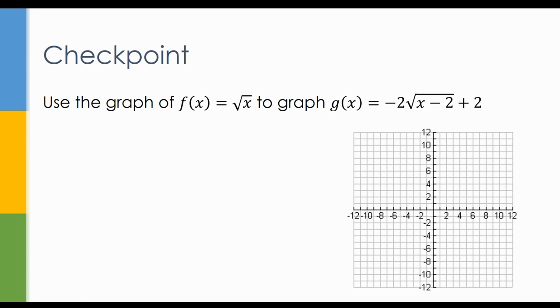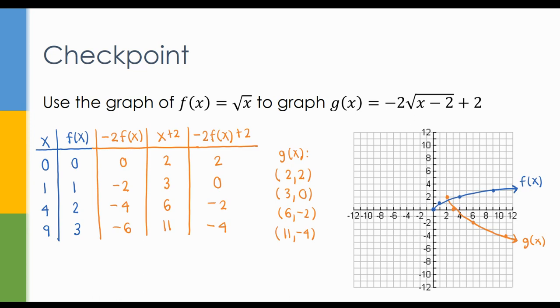So pause the video, graph the parent function f of x equals the square root of x, and then create the new g of x function as well. All right, so remember square roots, we can only start with 0 underneath that parent function, and we can go from perfect square numbers up. So that's why we're heading towards the right.